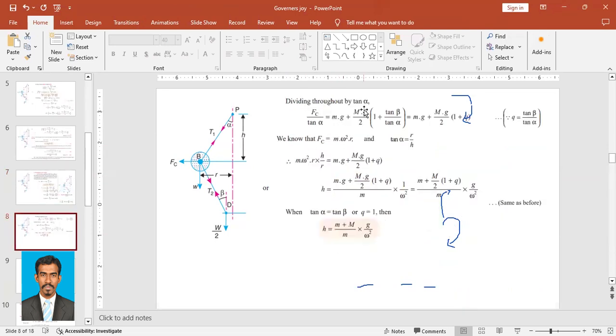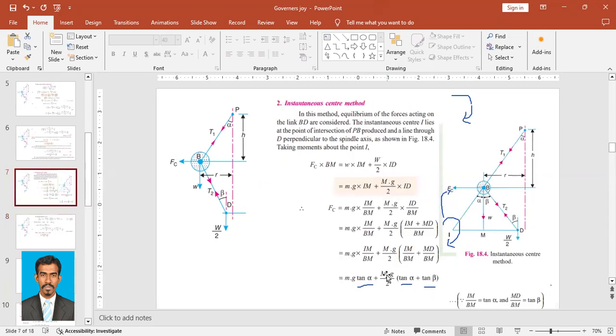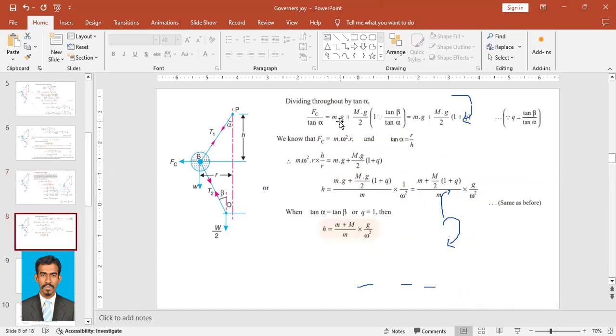So that is mg plus mg by 2 into 1 plus, we divide this term by tan alpha. So mg by 2 into tan alpha upon tan alpha is 1, and tan beta upon tan alpha. So mg by 2 into 1 plus tan beta upon tan alpha. Okay, so that is 1 plus q.